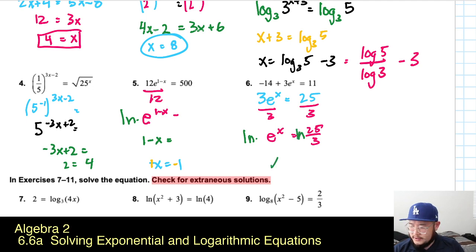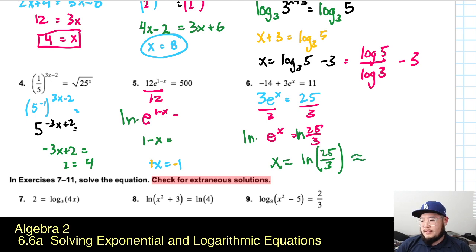And once again, when you plug things into your calculator, you should have that 25 over 3 in parentheses. Okay, and that'll help you get your correct answer. And when you plug it into your calculator, x is now approximately 2.12. All right, so that right there gets us through the first part of 6.6.